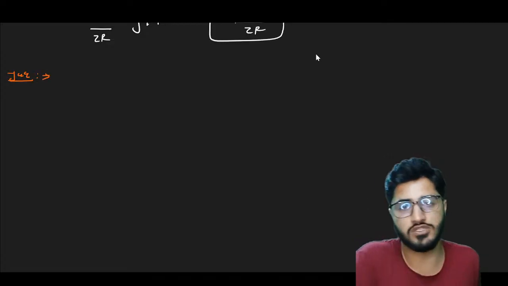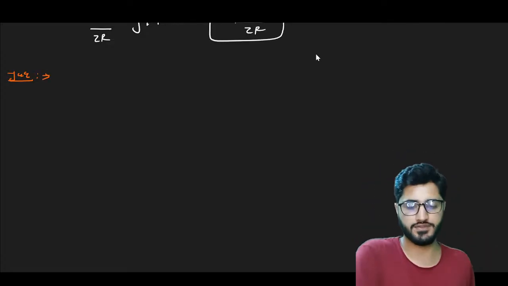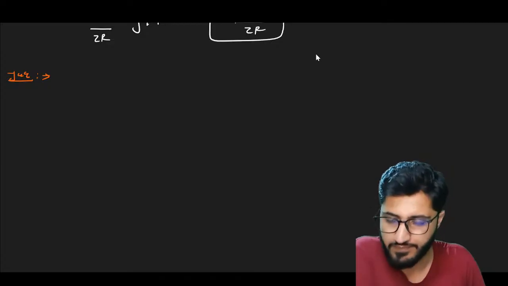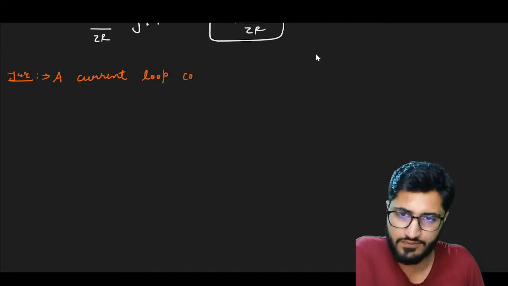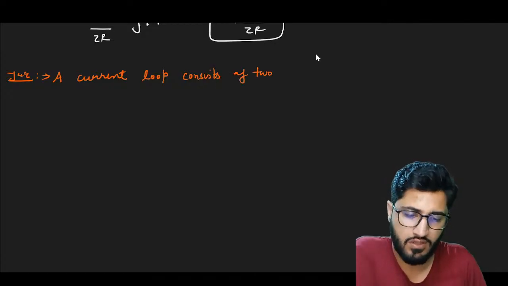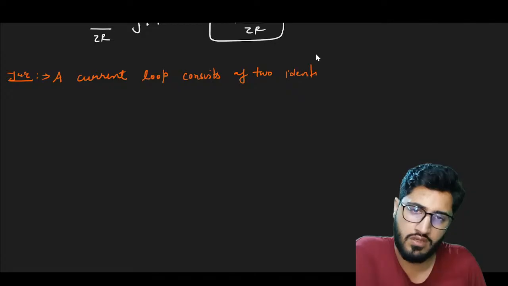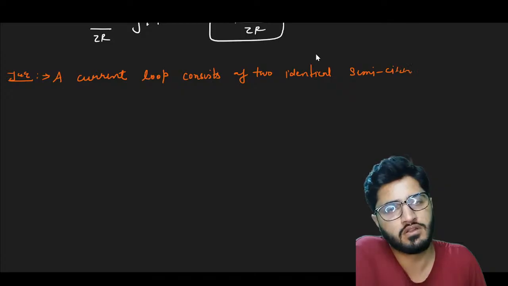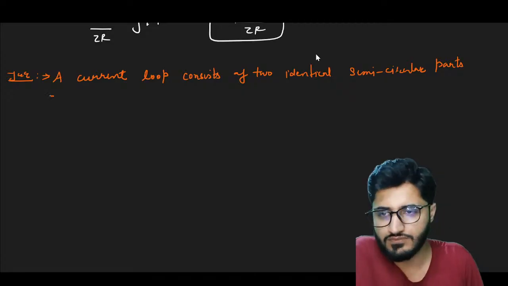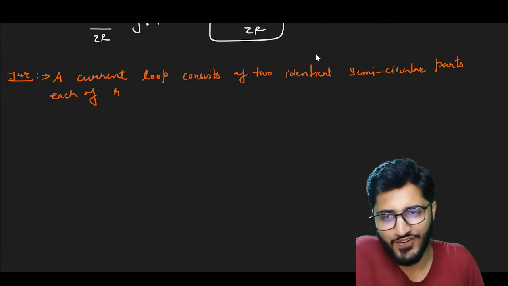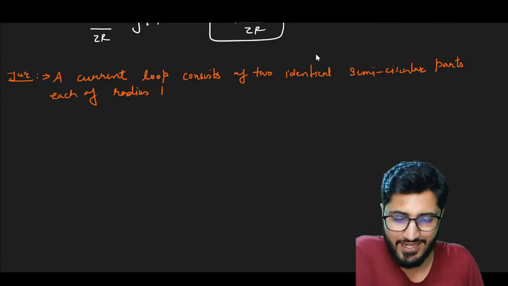Okay, it would be a plus numerical with some more informative things. So we are having a current loop consisting of two identical semicircular parts, each of radius r.